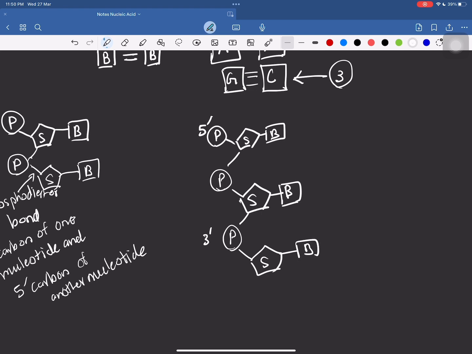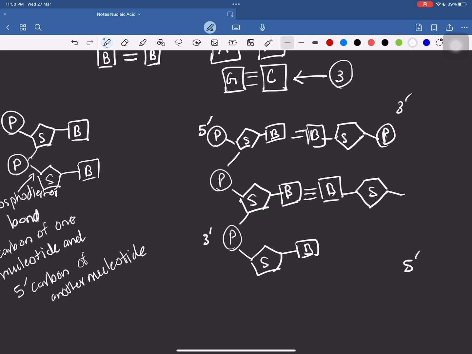Another strand is 3' to 5', which means it is like this. The B can be ATGC, either one: adenine, guanine, thymine, or cytosine. That's why I draw 2 hydrogen bonds and sometimes it will be 3 hydrogen bonds.